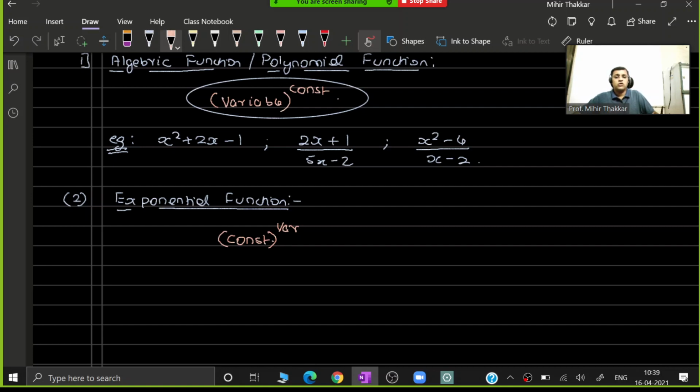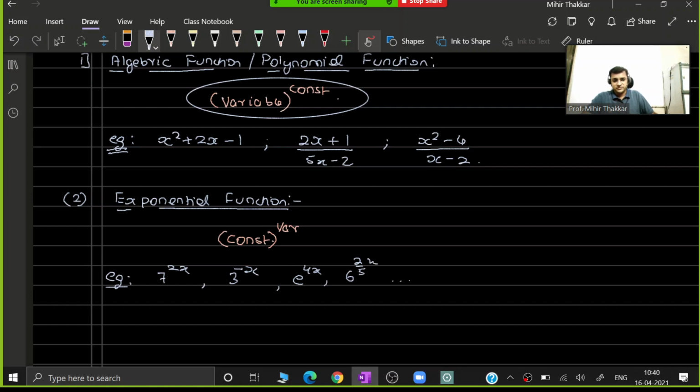So if I have a constant raised to a variable, then in that case it is called an exponential function. If I take an example for this, it is 7 raised to 3x, 3 raised to minus x, e to the power 4x, 6 raised to 2 by 5x.